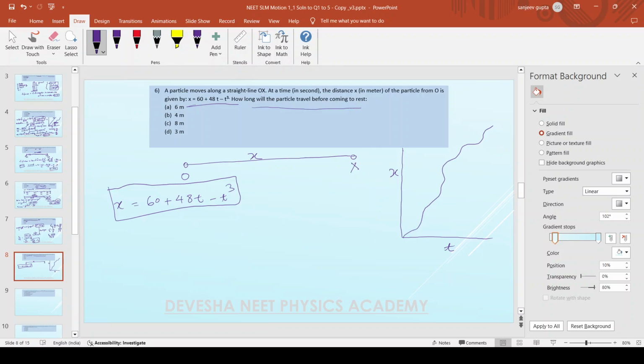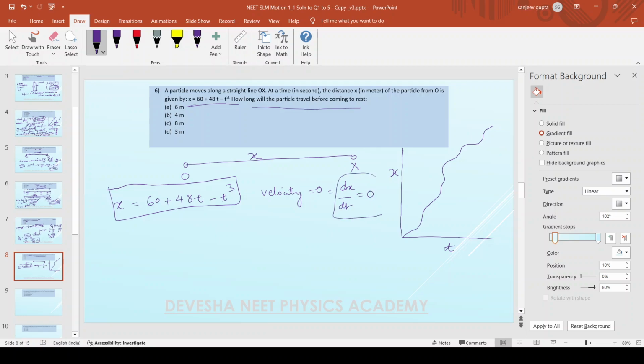So what will happen when the particle comes to rest? At that time the velocity of the particle will be zero. If the velocity is zero, it means dx by dt is equal to zero.